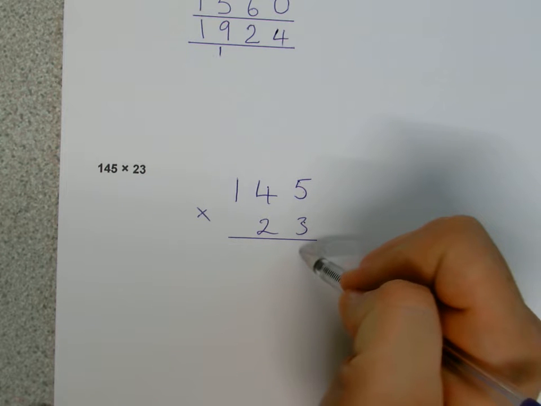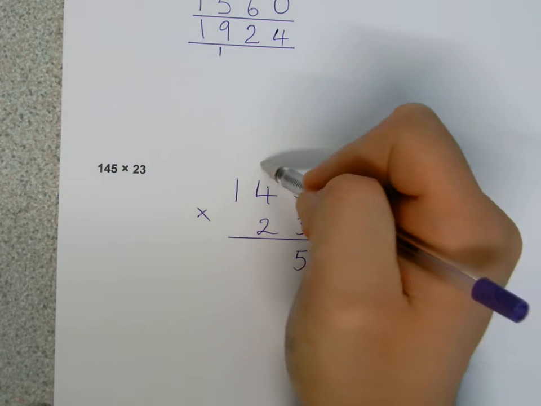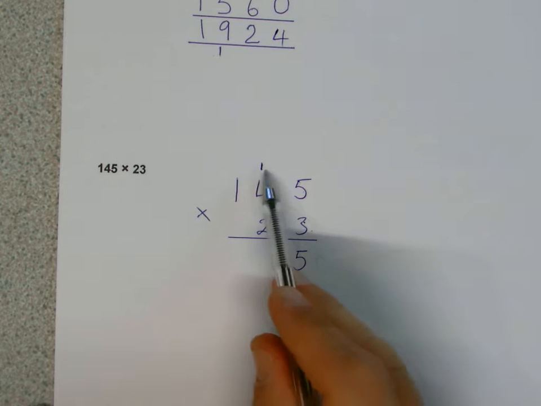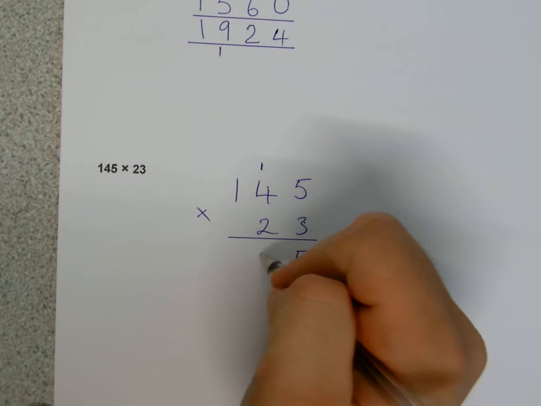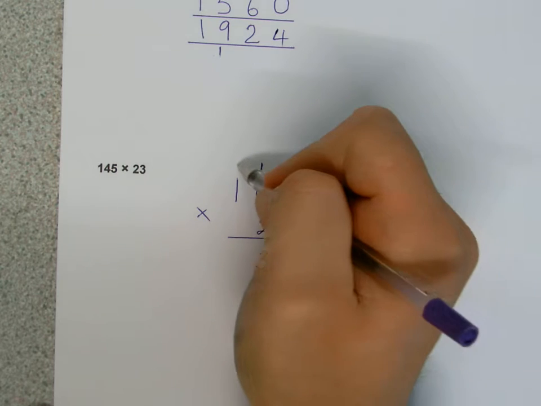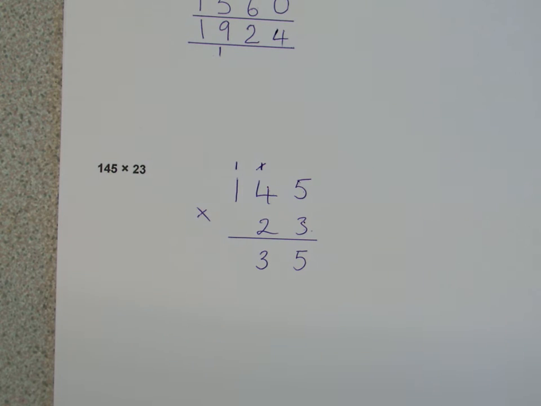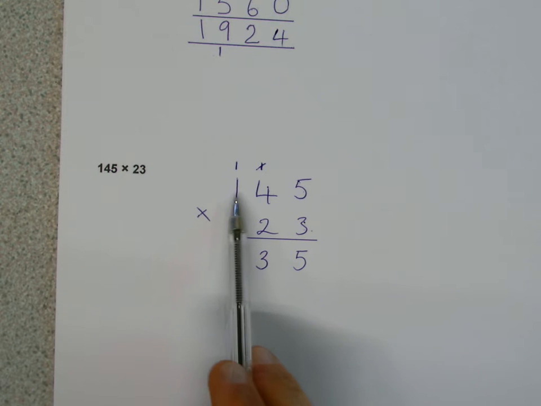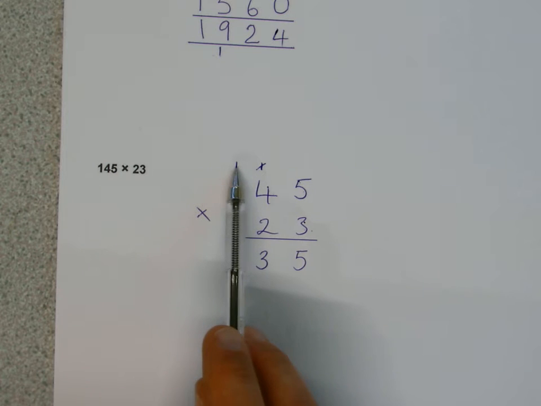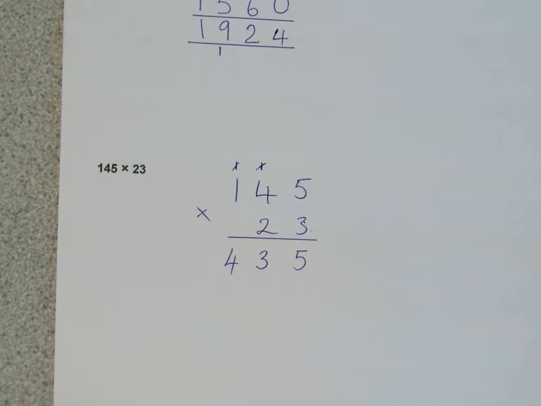I can't write 15, I just write the 5, and I carry the 1 above the next number I'm going to multiply by. 4 times 3 is 12, plus the 1 is 13, so 3, and carry the 1. To finish off this line, 1 times 3 is 3, not forgetting to add that 1 on, which will give me 4. So 435.